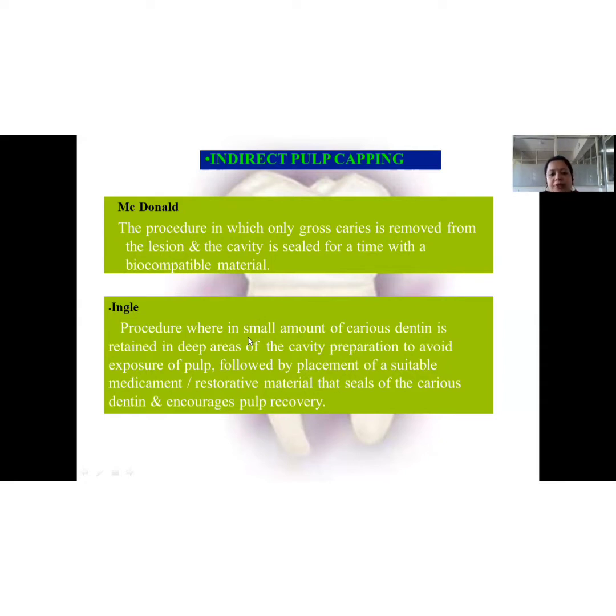So basically, we remove the carious dentin in smaller amounts, and in deeper areas which may lead to pulp exposure, we leave the dentin to avoid exposure of pulp. Then we place a suitable medicament or a restorative material over it that seals the area and encourages the recovery of pulp.